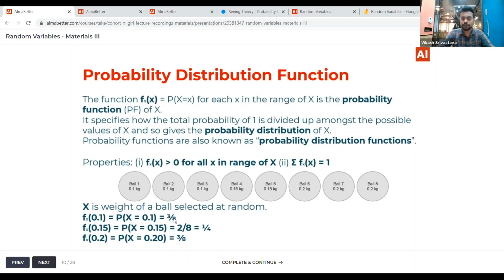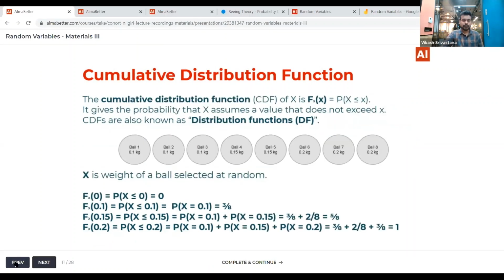As you can see, 3 by 8 plus 3 by 8 is 6 by 8, which is 3 by 4, and then plus 1 by 4 is 1. So this property is also satisfied for this experiment. This is what we call the probability distribution function of capital X.